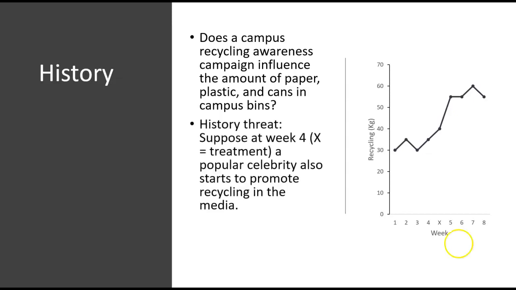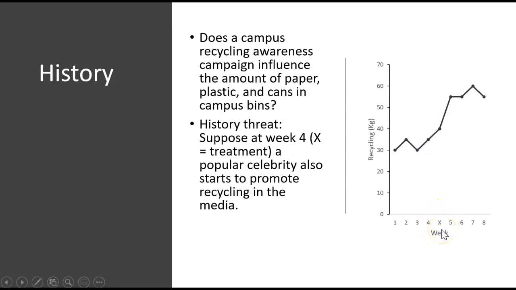A history threat would be if, let's say, just by happenstance, some major celebrity decides to put out tweet after tweet or Instagram after Instagram, or heaven forbid, TikTok after TikTok about recycling, and it kind of goes viral. Well, if you started your intervention right about the same time, maybe just ahead, the celebrity goes viral with their "let's all recycle" message.